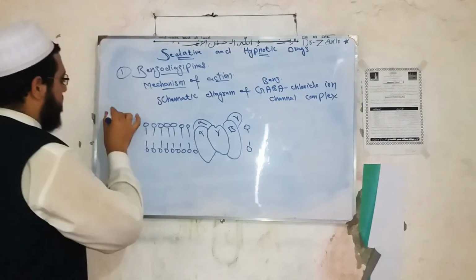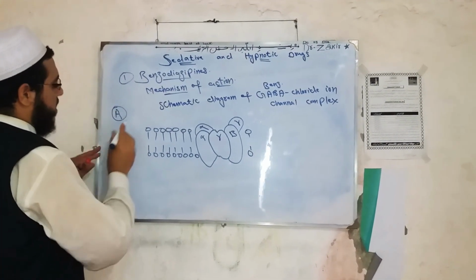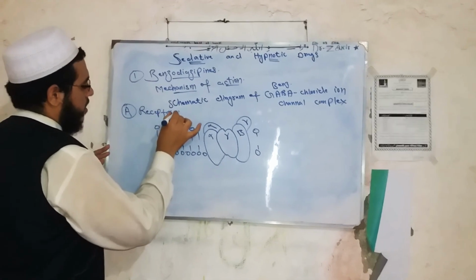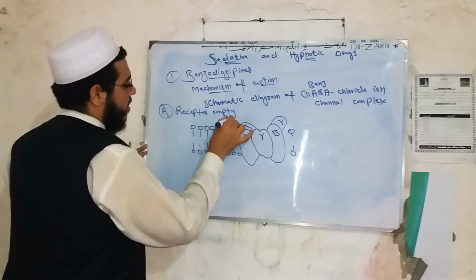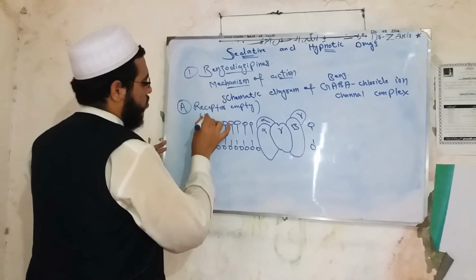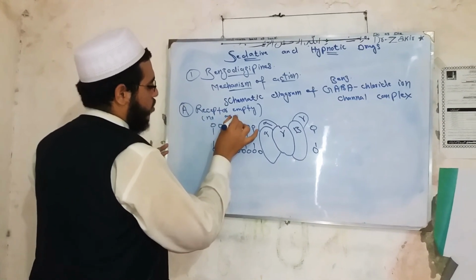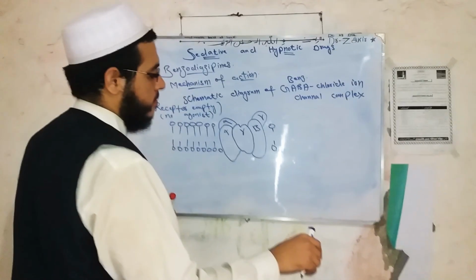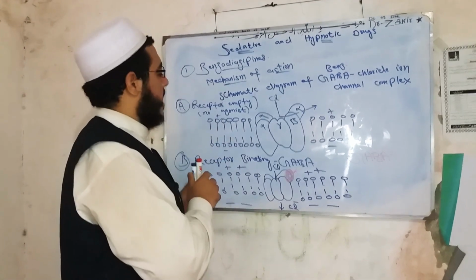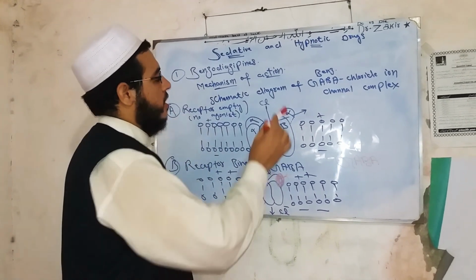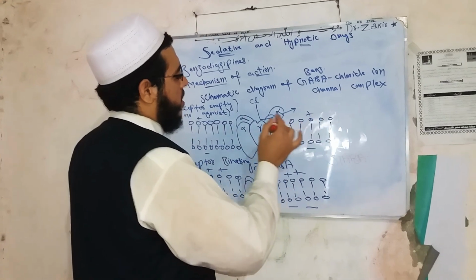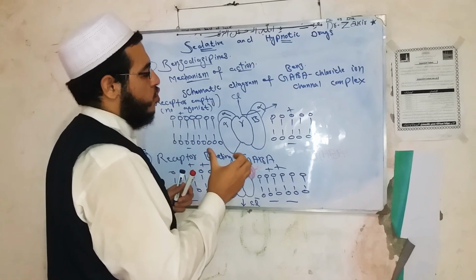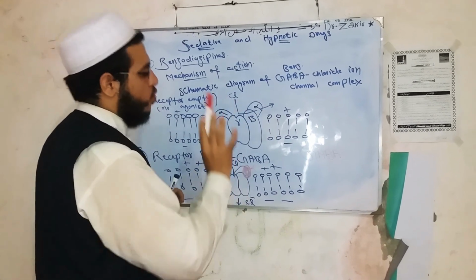The first diagram is known as receptor empty, meaning no agonist. Here the receptor is empty and inactive, and the chloride ion channel is closed.